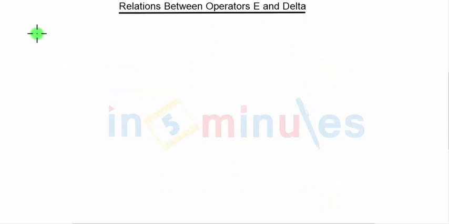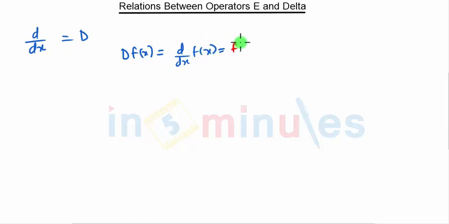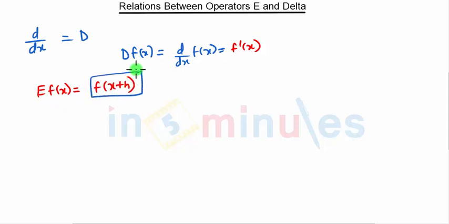Let's say if d by dx is equal to D, then D of f of x is nothing but d by dx of f of x, which can be represented as f dash of x. Now we know E of f of x is nothing but f of x plus h. Here we are going to apply Taylor's theorem. Taylor's theorem states that we can expand the term using Taylor series.